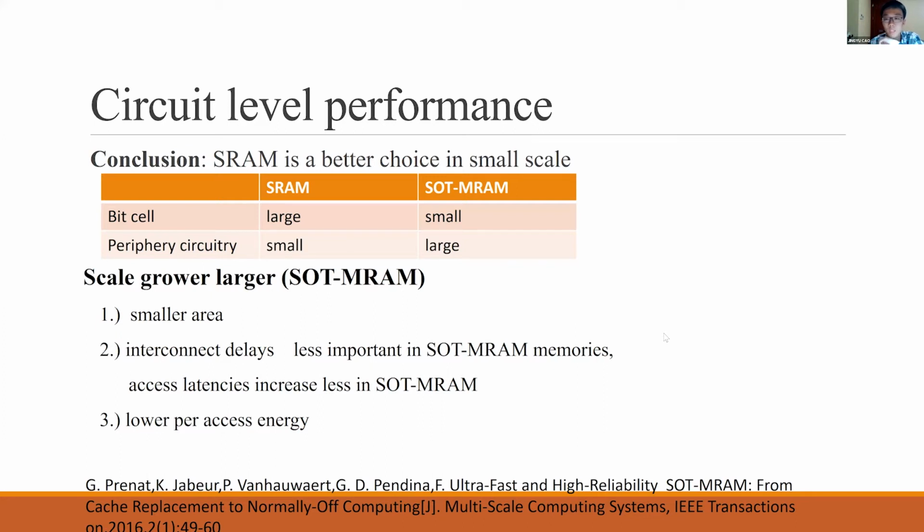Also, due to the same reason, the interconnection delays are less important in spin orbit torque MRAM memories, and consequently, the access latencies do not increase as in the case for SRAM when increasing the memory size. As interconnection also influences the per access energy, spin orbit torque MRAM also offers a lower per access energy than SRAM for a larger memory size.